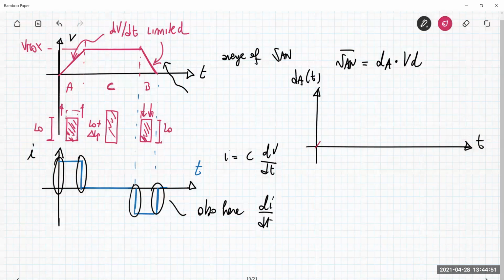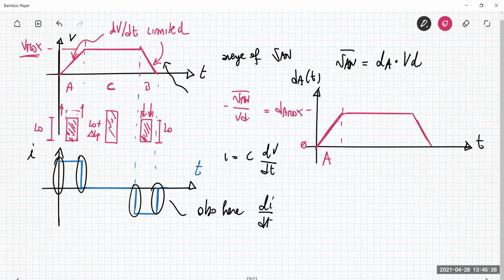In phase A, the duty cycle from 0 has to reach a maximum value. This is VAN divided by VD.